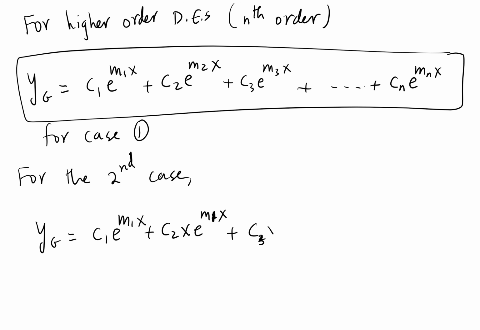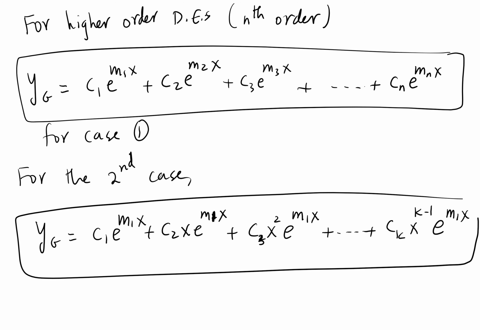Then C3 x squared e^(m1 x), all the way to, let's call it, Ck x^(k-1) e^(m1 x). And I'll show you an example of what happens in the third case.